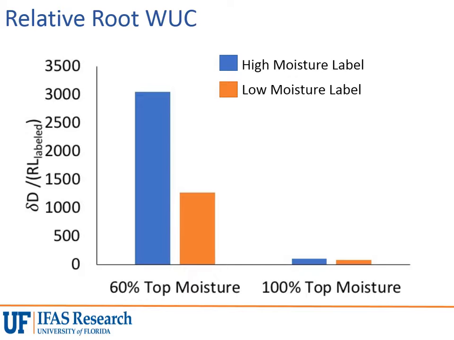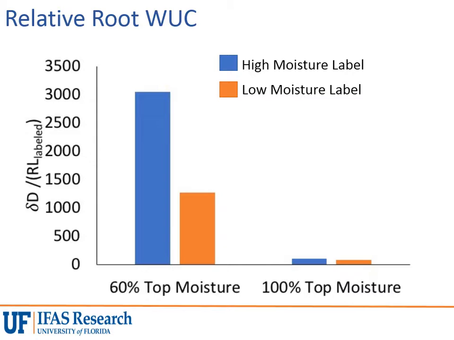And you can see here that in our 60% germination environment, we did see a difference in the relative contribution of the root length in that higher moisture chamber and the contribution of the root length in that lower moisture chamber, which is particularly interesting because that means that although there was no difference in the total root length between those two chambers, the roots in the higher moisture chamber are actually contributing more overall to the uptake of the entire plant.